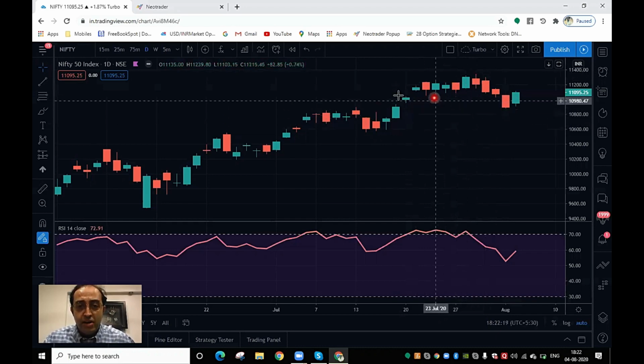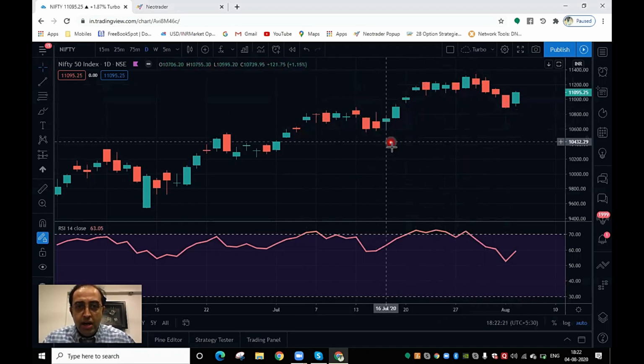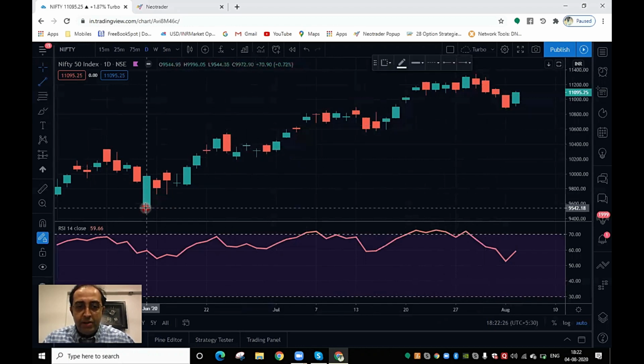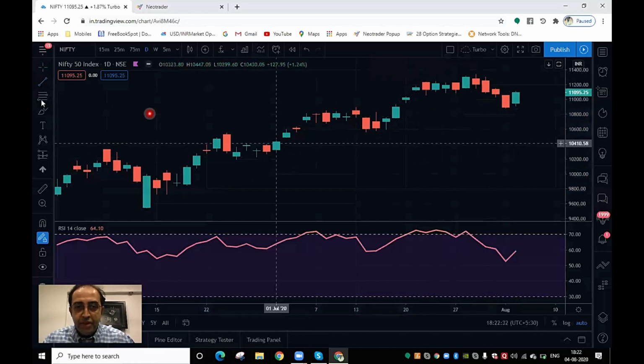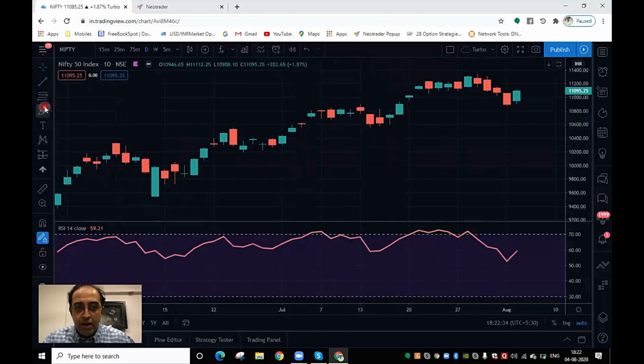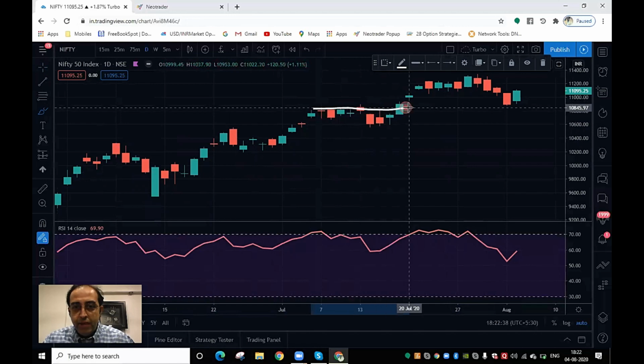But first, let's try and understand on the daily charts itself. If you can see here the immediate trend line support which was there, this trend line support was broken, and then Nifty came down lower and started to test the value area here.